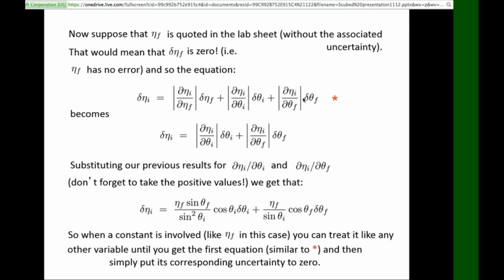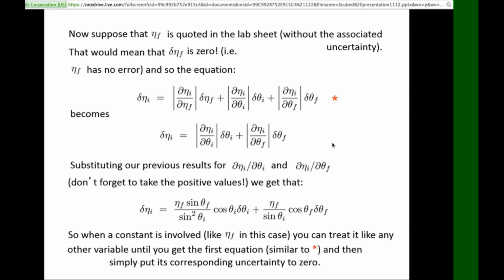Another important thing to bear in mind is that although I'm saying a constant here, it does not necessarily mean that a constant is free of errors. For instance, fundamental constants like Planck's constant and Newton's constant of gravitation have an uncertainty associated with them.